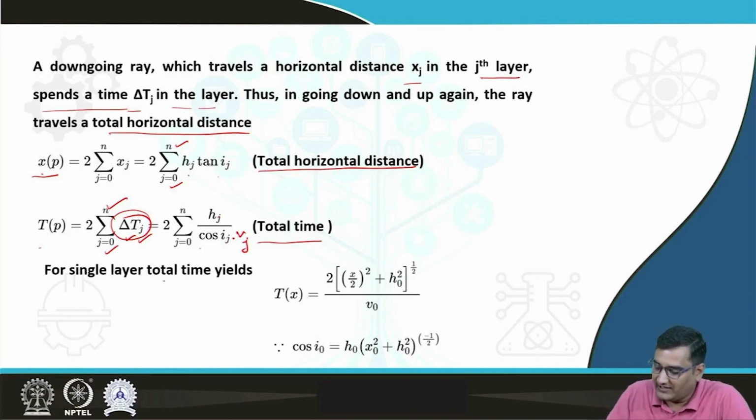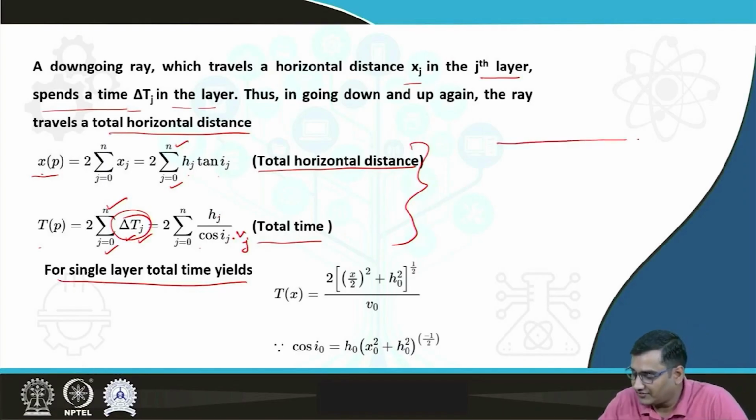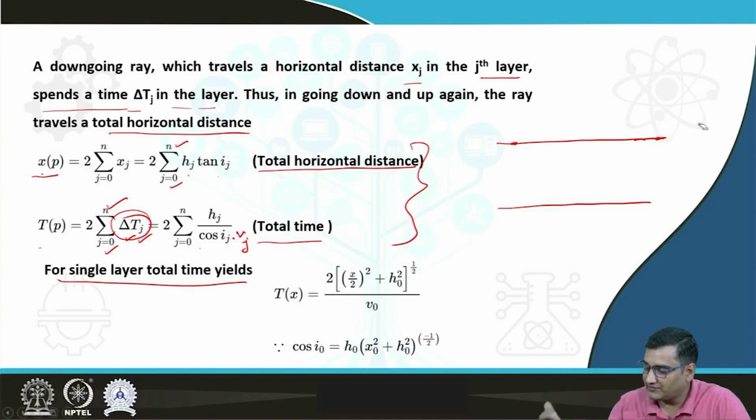So let's suppose these are the things for n number of layers. For a single layer, the total time is Tx equal to 2 times the square root of (x by 2) whole square plus h naught square, divided by v naught. Let's suppose this is your single layer here, and here you have a source and here your receiver, similar to the one that we have seen in the previous slide.